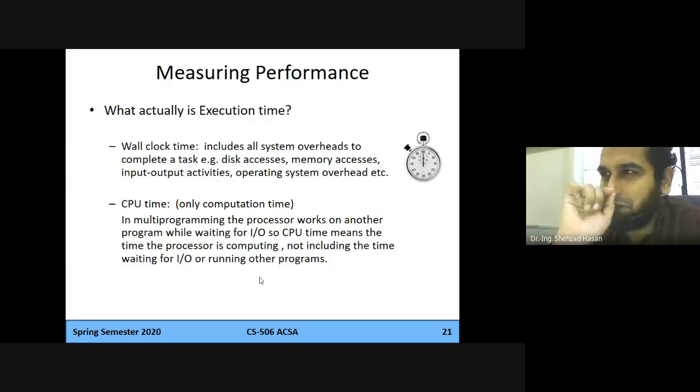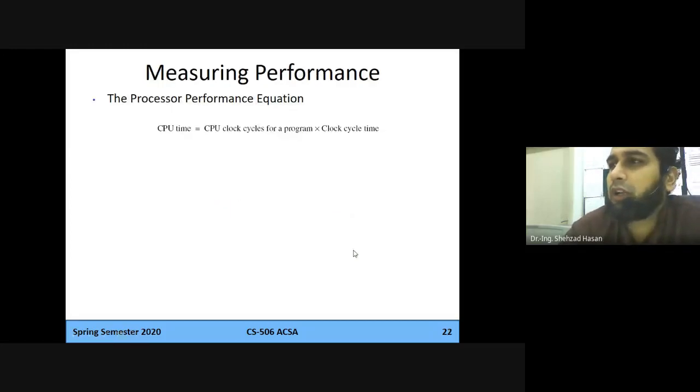When we were talking about performance measurement, the best way is to measure it through CPU time, right? This is something you have probably done, so I'm just going to go through it quickly. CPU time is how many CPU cycles a program takes, multiplied by the clock cycle time.